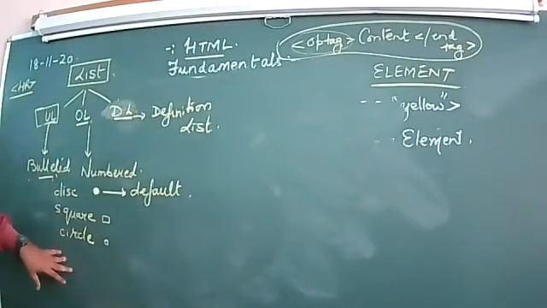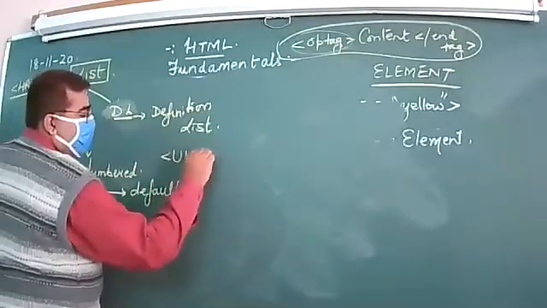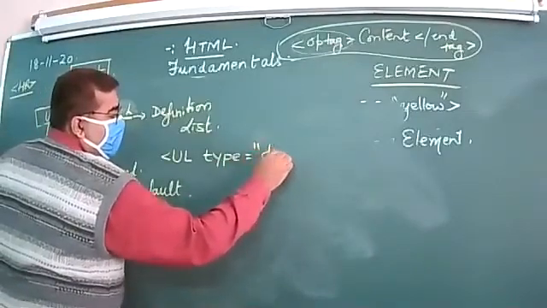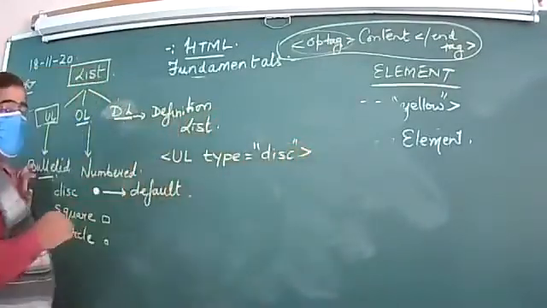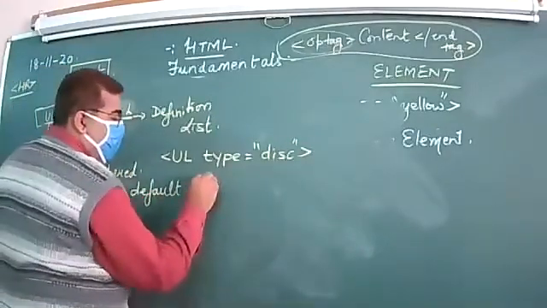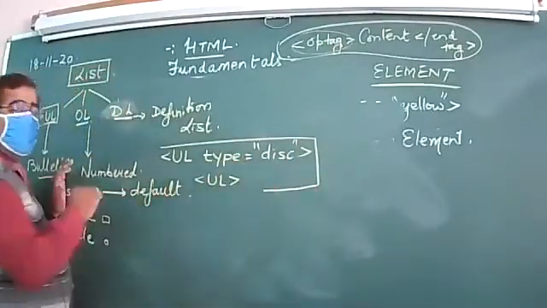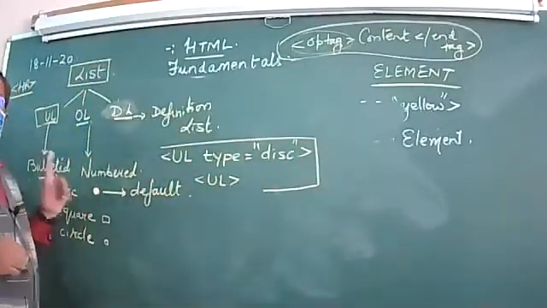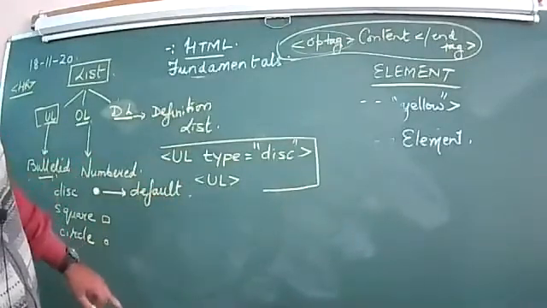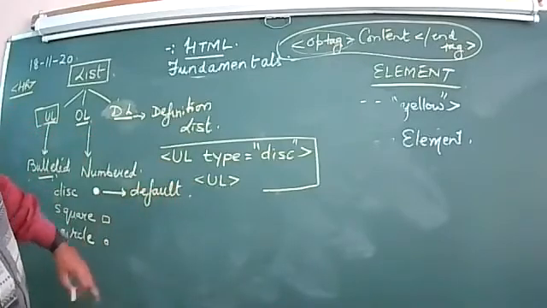Whatever bullet you want to use, you specify that bullet inside the type attribute of the UL tag. I am giving disc over here. If I simply write UL, these two statements are exactly the same, because the default value of type is also disc in the case of UL. So if I write either of the two statements, I mean the same.